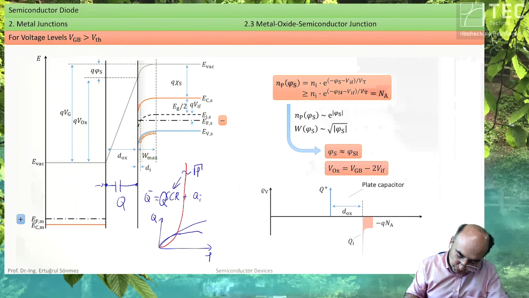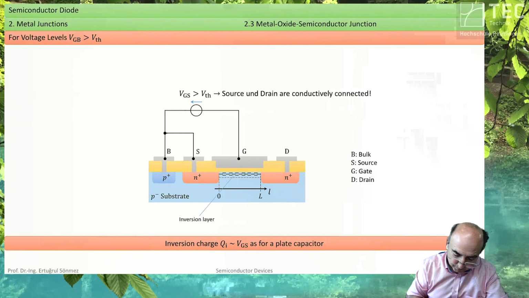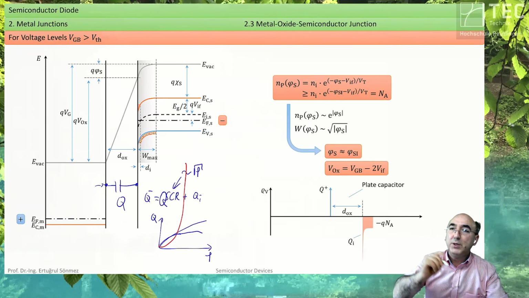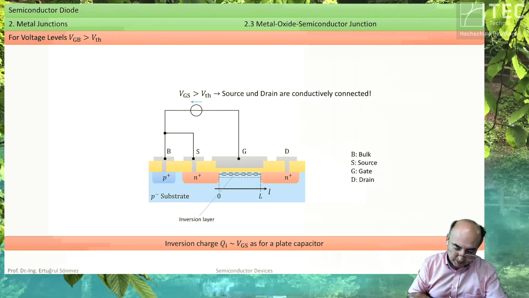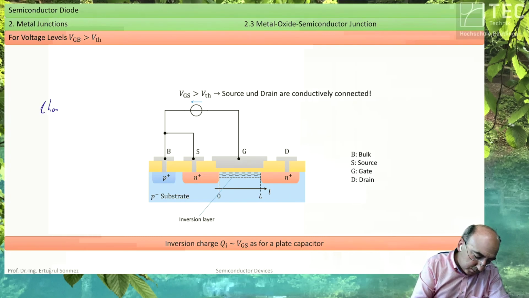Therefore, we assume that this box is constant and all the rest comes from here. We go back one step: is the channel present on?